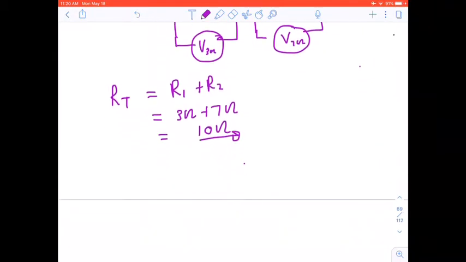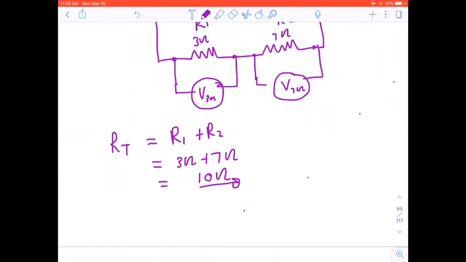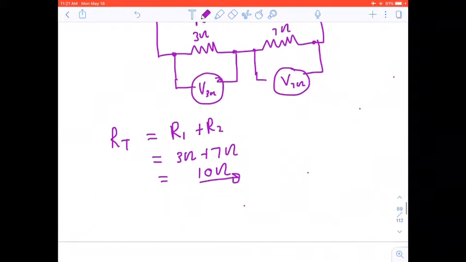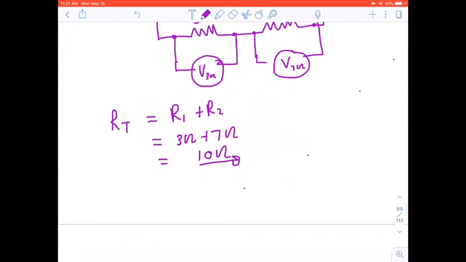So the total resistance of this particular circuit is 10 ohms. That means if I have to have an equivalent resistor for 3 and 7, I could substitute one 10 ohm resistor in this particular circuit, and it will have the same resistance as the 3 ohm and the 7 ohm. So there you have that.